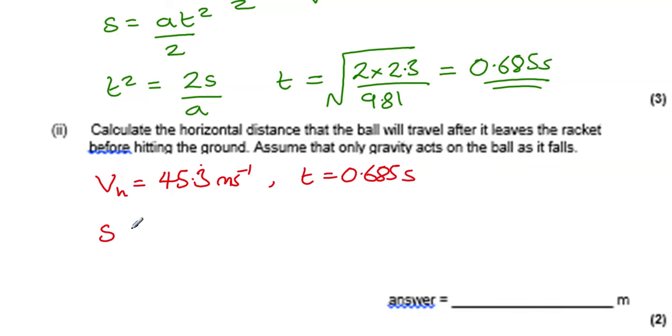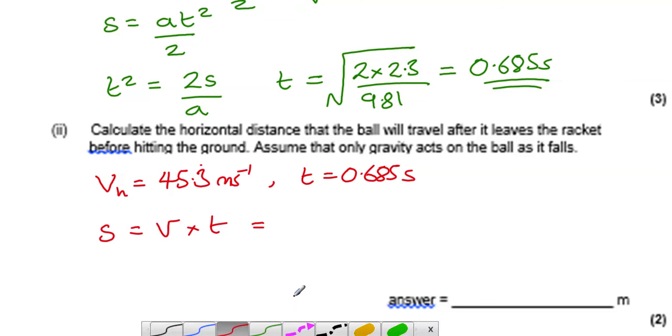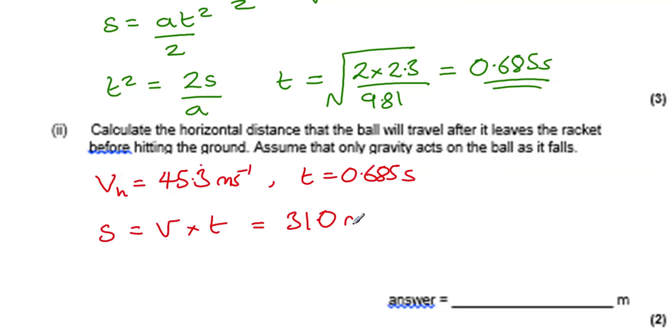This is going to be distance is velocity multiplied by time. So multiply those together and you end up with about 31.0 meters, right? And that works out fine.